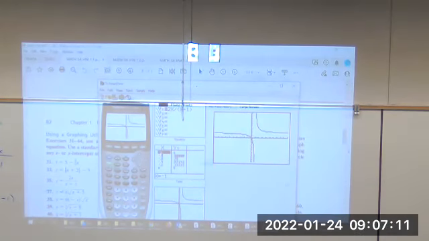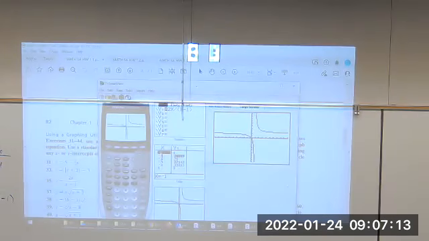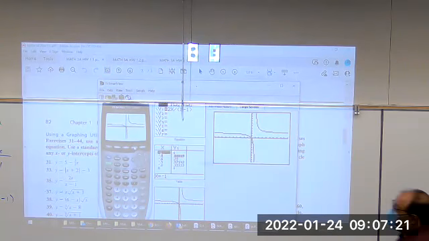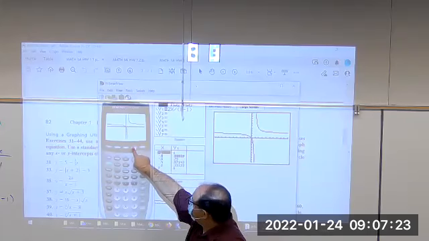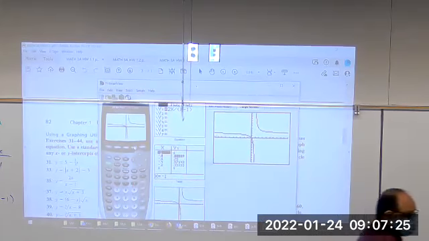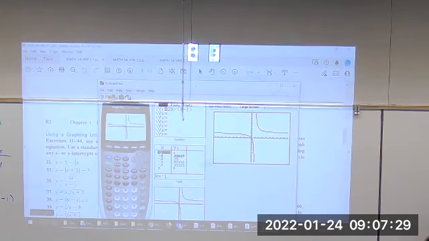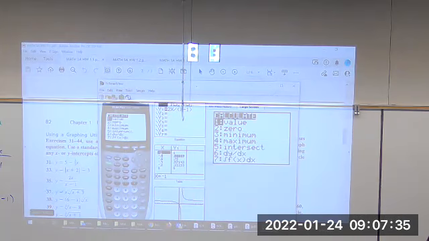Now, I can actually calculate. If you go to trace, right above trace it says calc in blue. So I hit second, calc, and you have all these options.